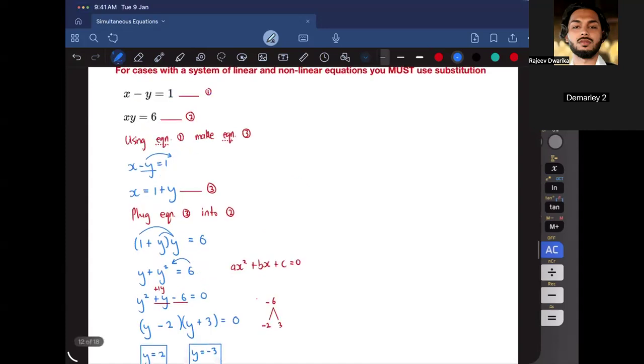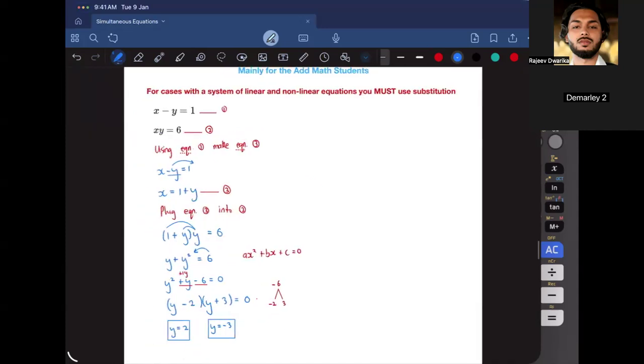Remind me, when we're doing substitution, what's the best equation to use to find the other unknown? When you're doing substitution, what is the best equation to use to find the other unknown?